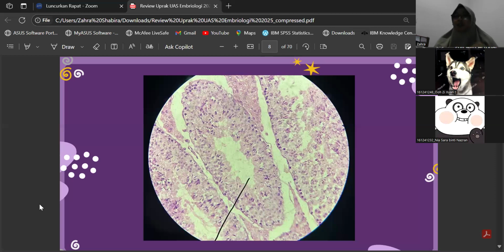If the question is, what is the cell's name pointed with that arrow? Choose one, Mia. It's okay, there are a lot of answers. Or if the key point is about cells from the question.